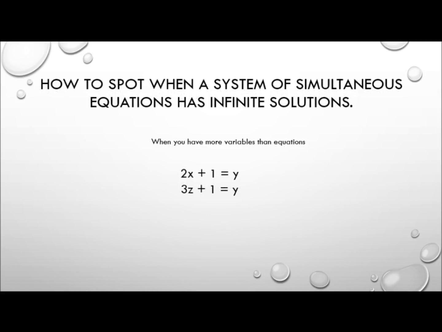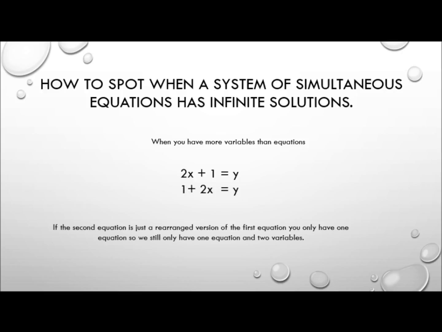And how can we tell if a system of simultaneous equations has an infinite number of solutions? Put simply, if you have more variables than equations, then you have an infinite number of solutions. Sometimes, though, the maths can be a little bit deceitful.